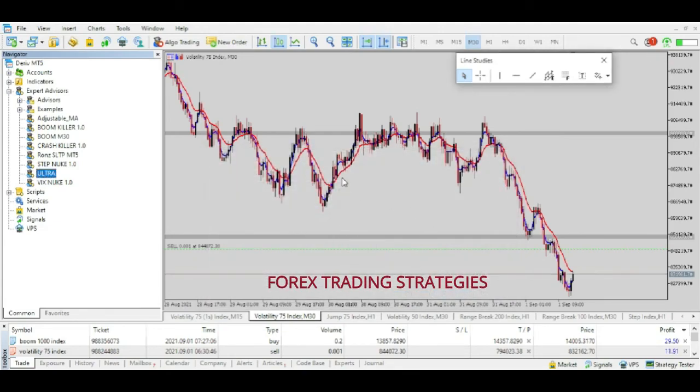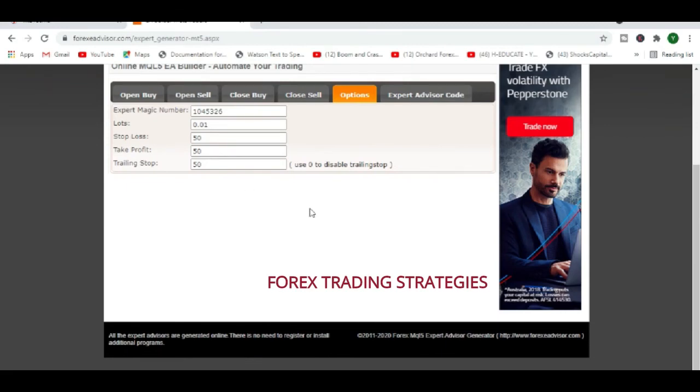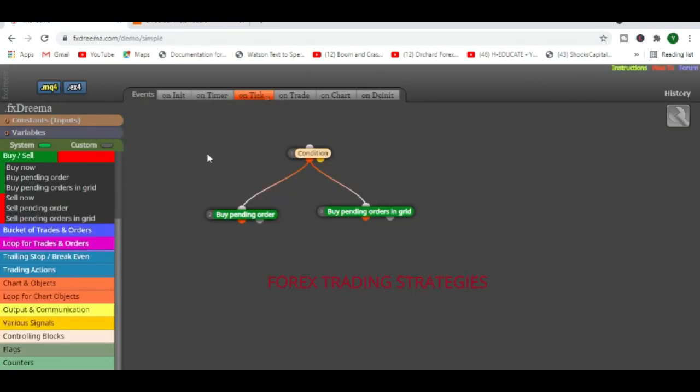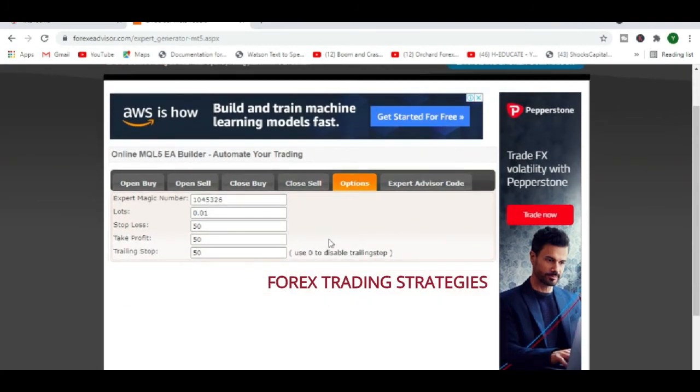This is all you need to do in order to make a robot for free. No coding skills. If you are looking for free, unfortunately on FxDreema you can only do MQ4 EX4. But if you come to this platform, Forex Advisor, however you pronounce it, then actually make your Metatrader 5 robots for free.